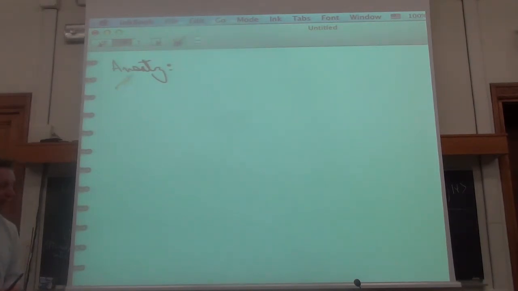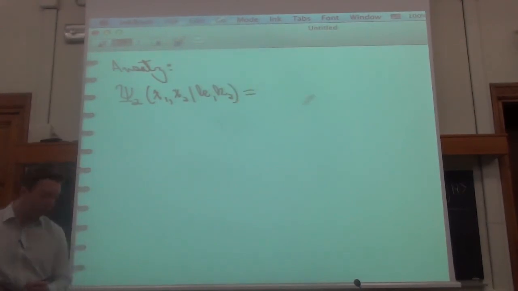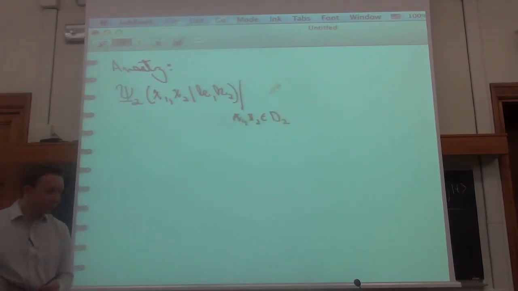The two-particle wave function, depending on coordinates x1, x2 and with labels k1, k2, just quantum numbers, in domain D2, is going to be a linear combination of two parts.